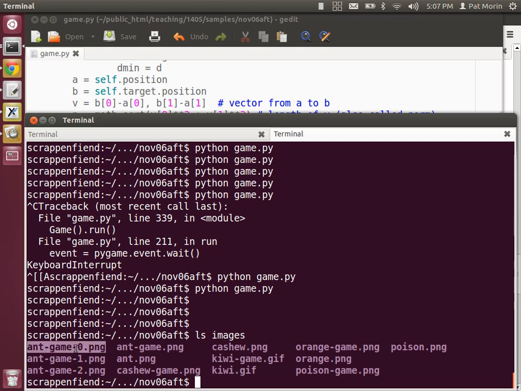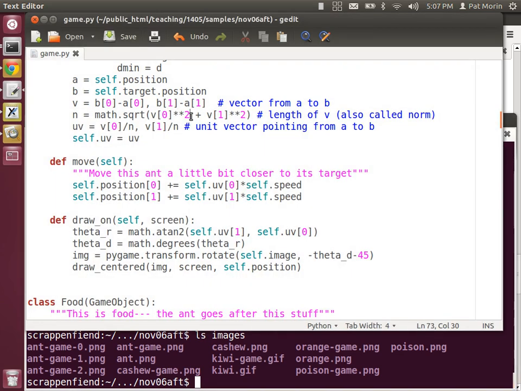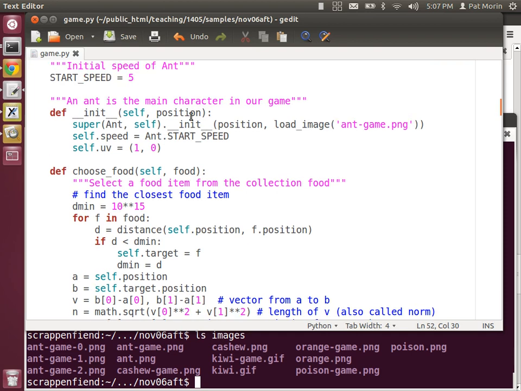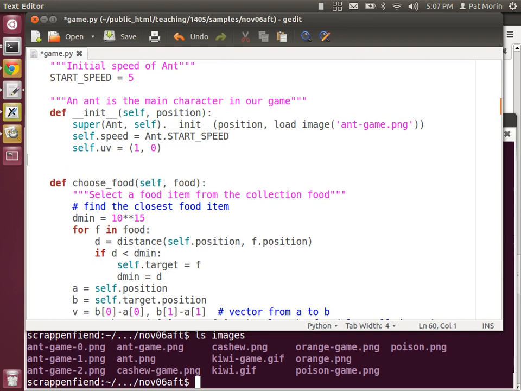What I did was I opened up this image with a photo editor, and I made 3 different versions of the ant in which his legs are bent in some of the versions. So there's an ant 0, an ant 1, and an ant 2. We would like these legs to look creepy and wiggly. So when we load up the ant, maybe we'll also load up these images.